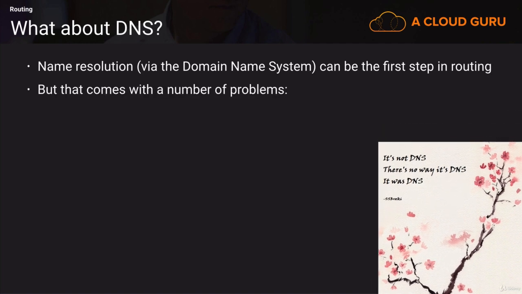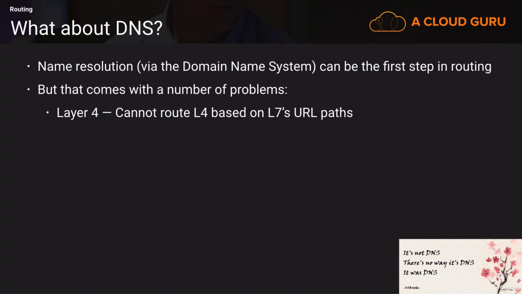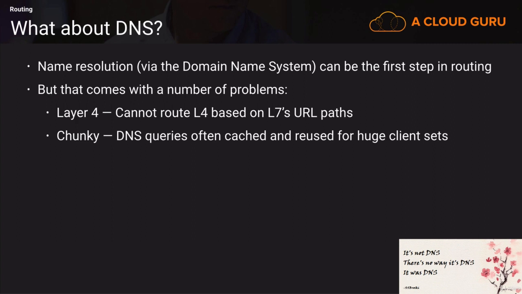The first problem is that the DNS lookup really only returns you a layer 4 IP address. It doesn't know what the full path is, and it can't make any decisions based on it. This makes your global load balancing an all-or-nothing proposition, so every part of the system has to be replicated in every region. But another problem is that DNS lookups are very chunky.